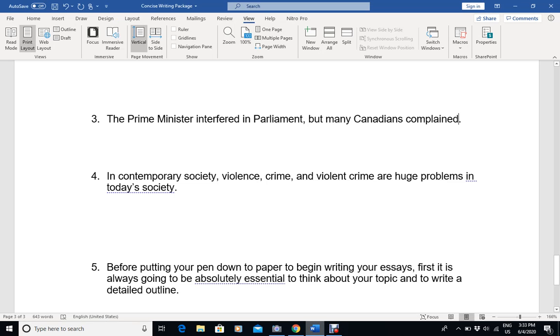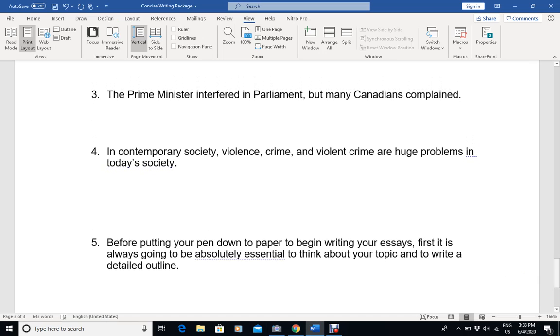All right, I've got time to do one more. So let's do one more. "In contemporary society, violence, crime, and violent crime are huge problems in today's society." In this case, there's really one of our guidelines that is going to help us the most, and that is the one that's all about repetition.